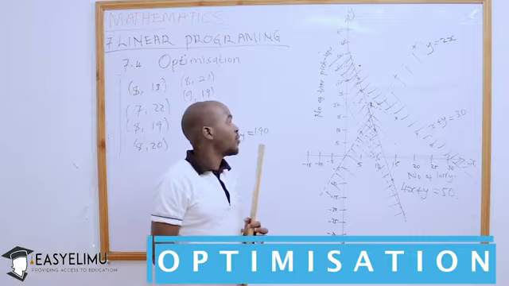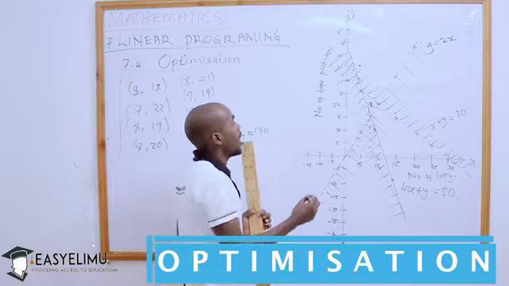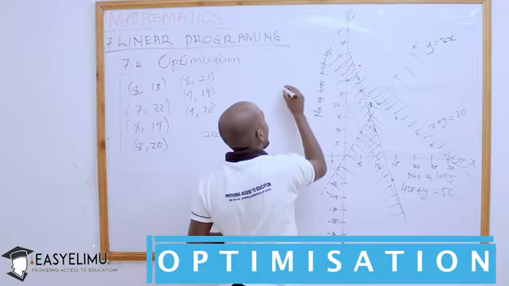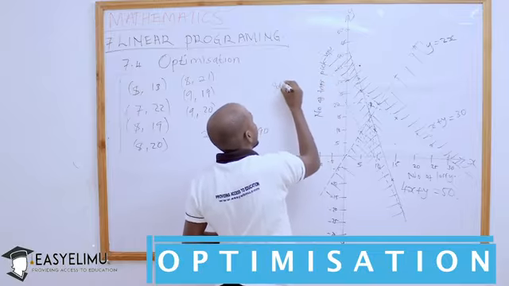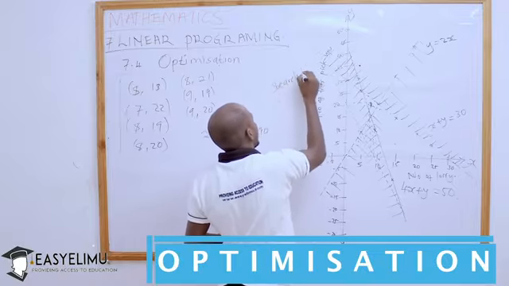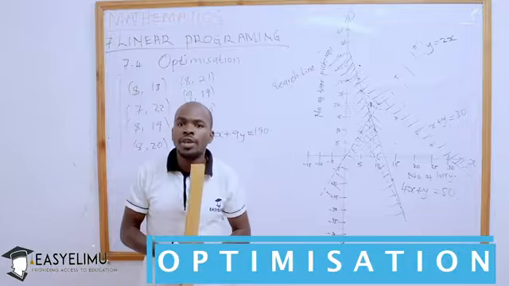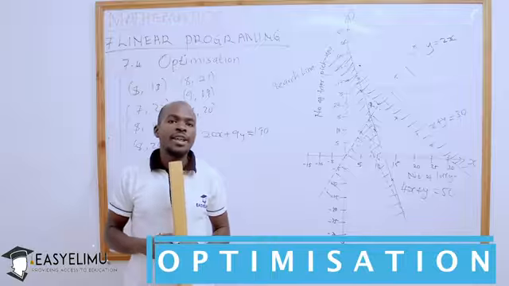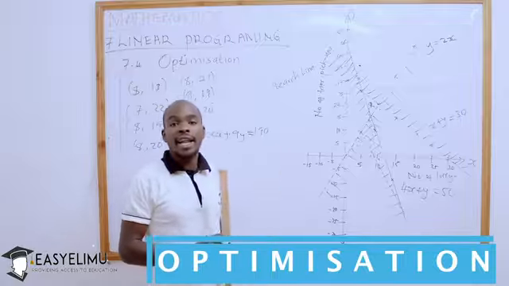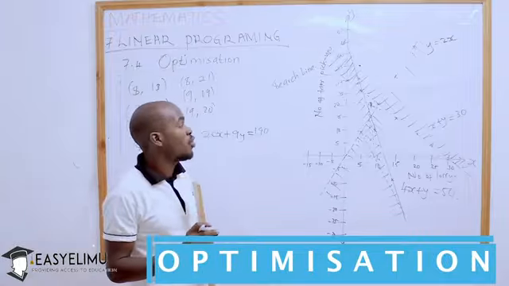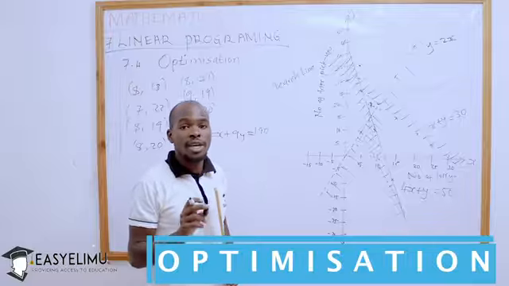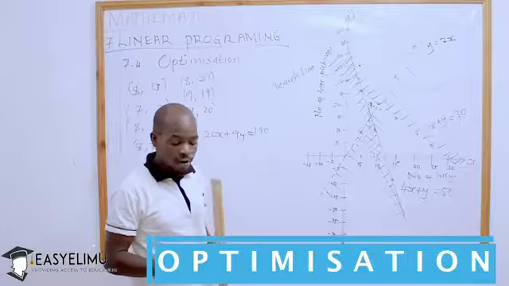That line is what you will use as the reference to find the minimum value of expenditure the contractor will use, or the maximum value.